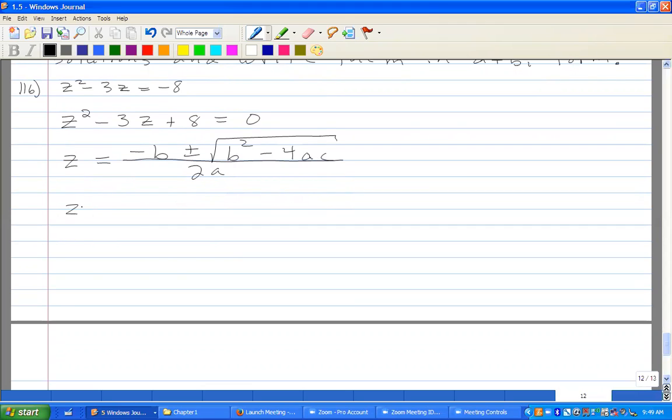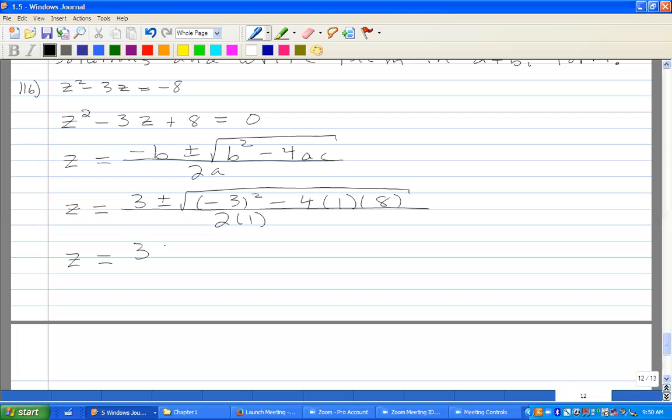So z is equal to negative b plus or minus the square root of b squared minus 4ac all divided by 2a. So z is equal to 3 plus or minus the square root of 9 minus 32, all divided by 2.